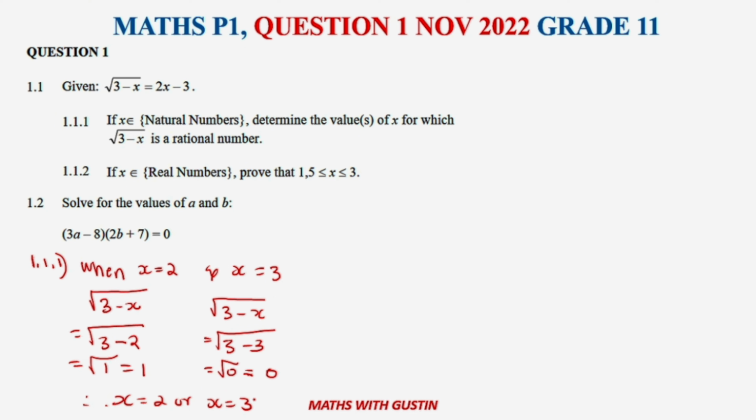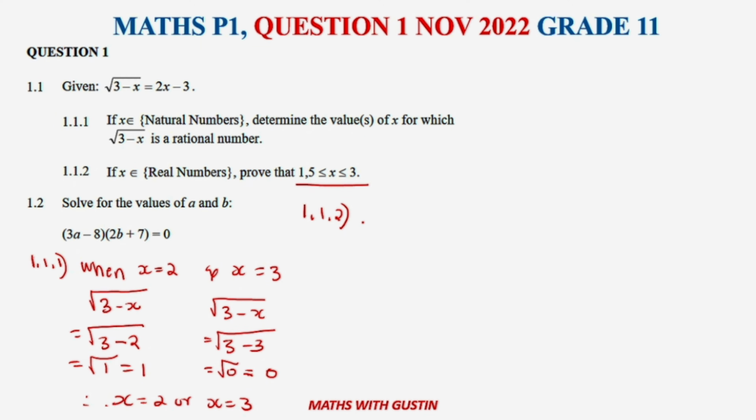For 1.1.2, it says that if x is an element of the real numbers, we need to prove that x is greater than or equal to 1.5 and less than or equal to 3.